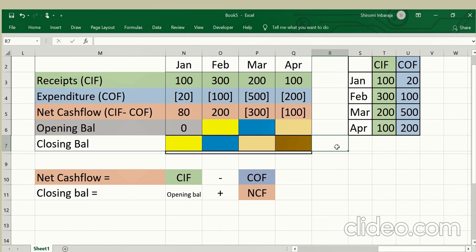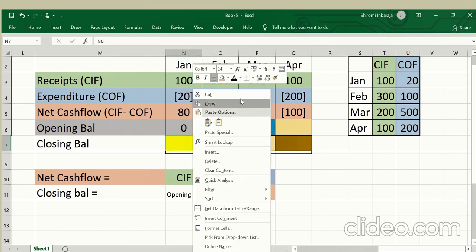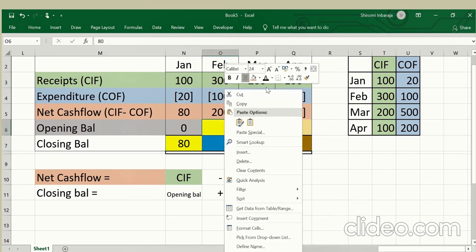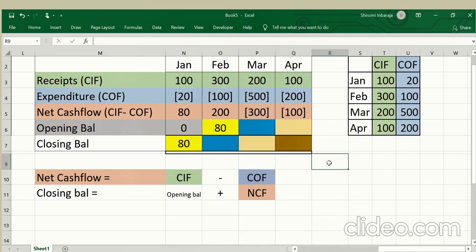Again, we assume there isn't any opening balance for Jan. 80 plus 0, 80 for Jan. Take this 80 as the opening balance for Feb. Positive 200 plus positive 80, you get a response of positive 280.